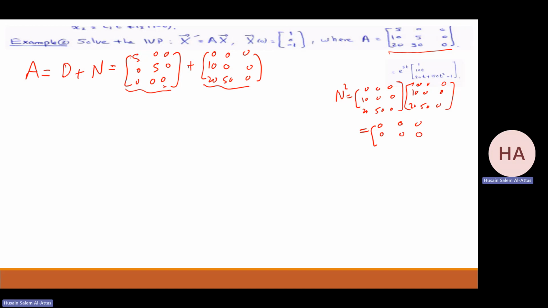Third row times the first, that will be 500: 20 times 0, 50 times 10, plus 0. For the rest, it will be 0, 0.